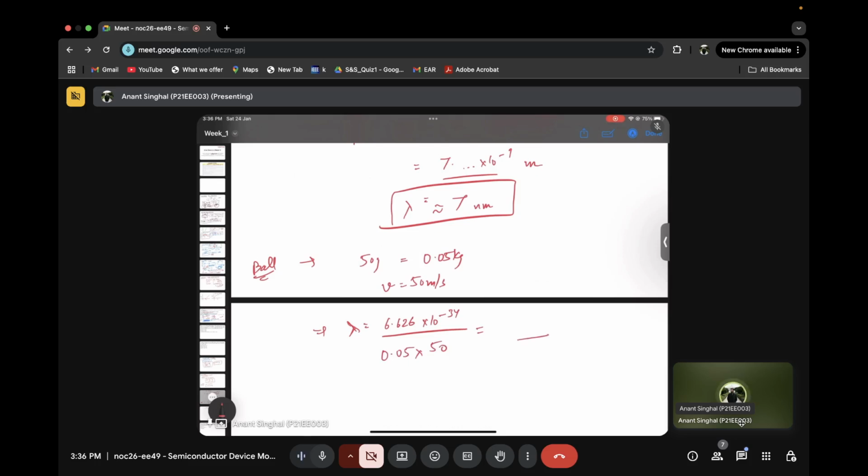So can anyone tell what will be the order of this particular thing? Around what will be the order that it will come out to be?